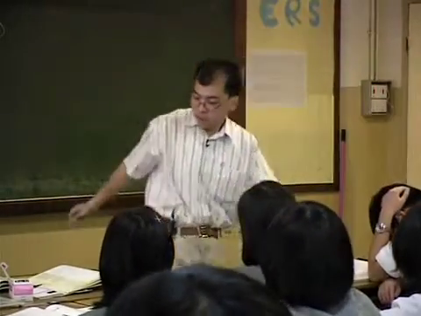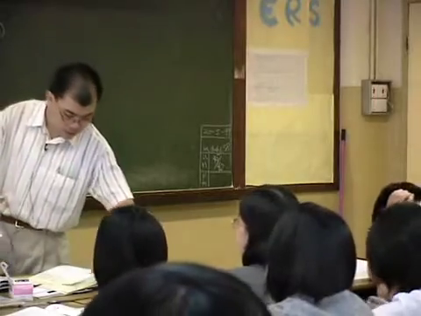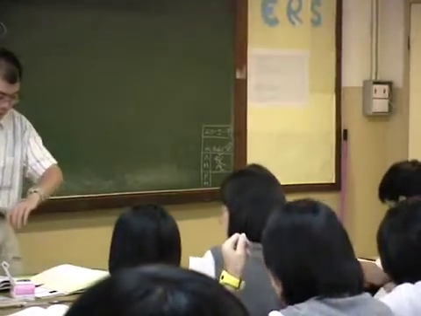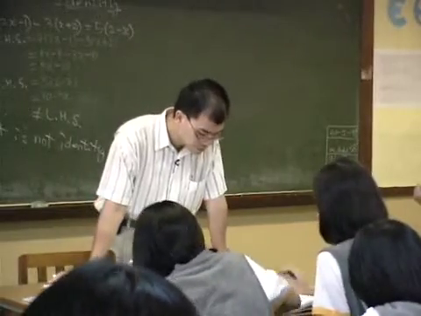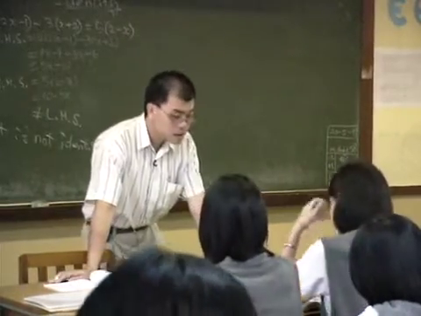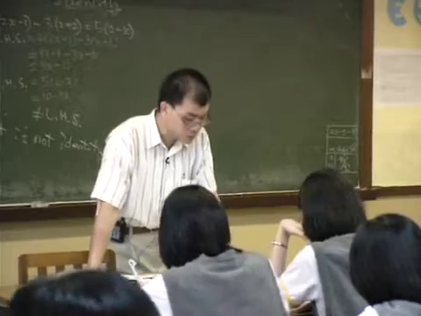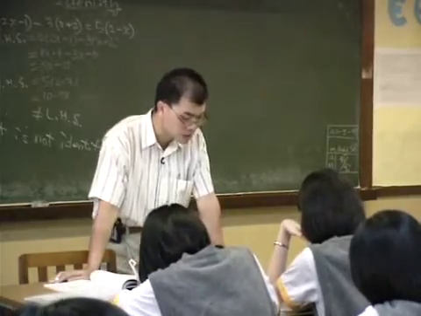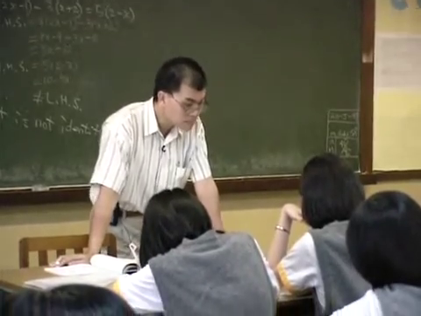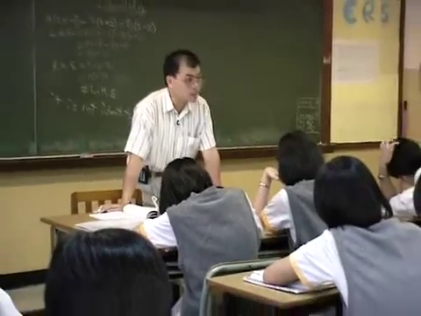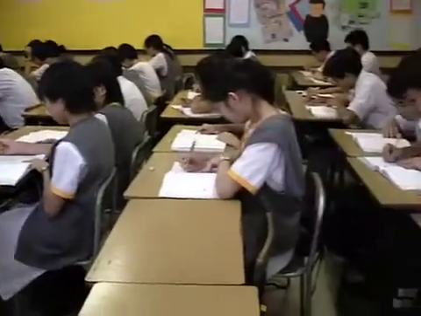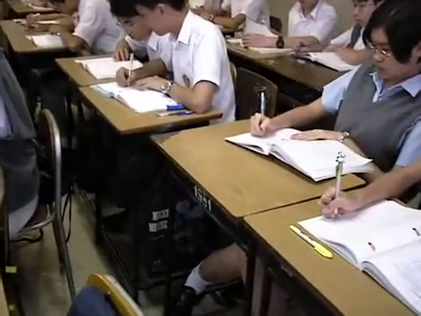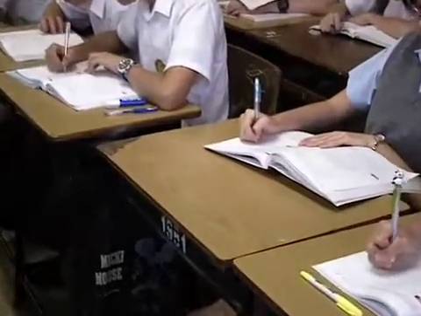Okay, you have some class practice here. Page 147. Seven equations are given to you. Some of them are already in expanded form, but some are still in factorized form. Use the method listed on the blackboard.